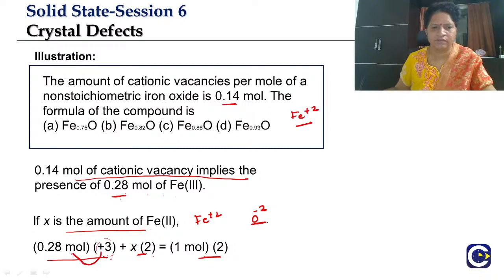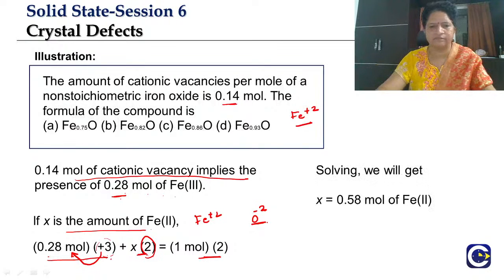+3 oxidation state, we take 0.28 moles. And for +2 oxidation state we are taking it as X. So let's solve that. 0.28 into 3 plus 2x is equal to 2.